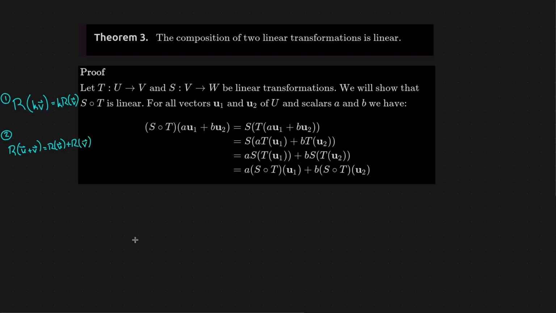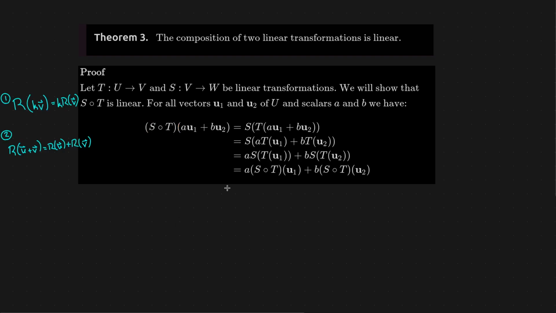Okay, so generally we have to check both conditions. Now, this proof is very clever because it actually checks both these conditions at once. We need to show that both of these conditions are true for the composition S compose T, the new function we get after we compose the functions together.